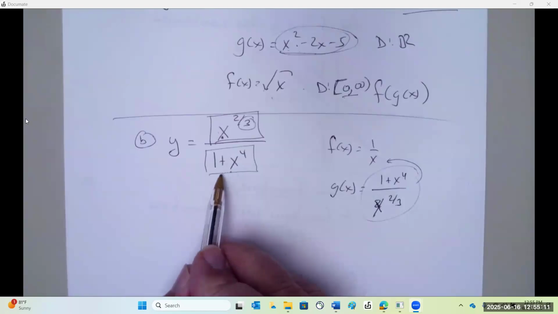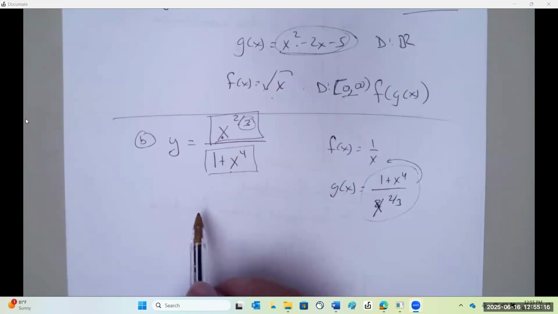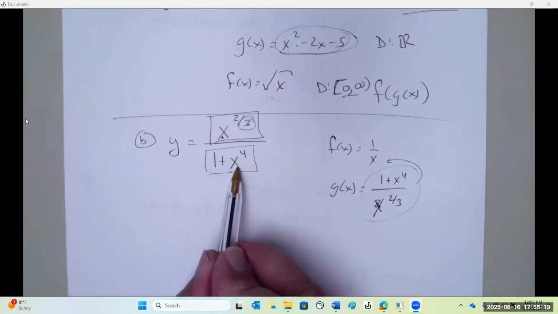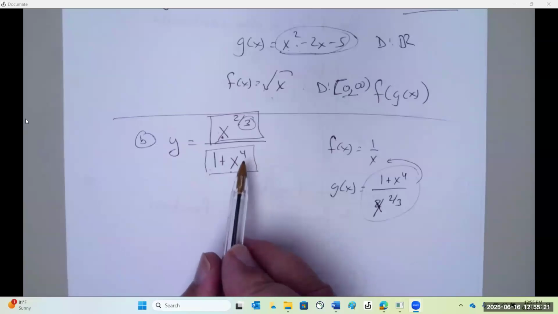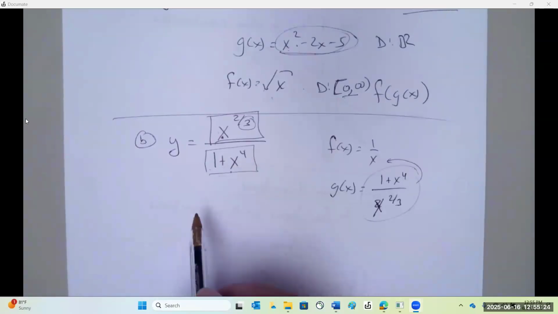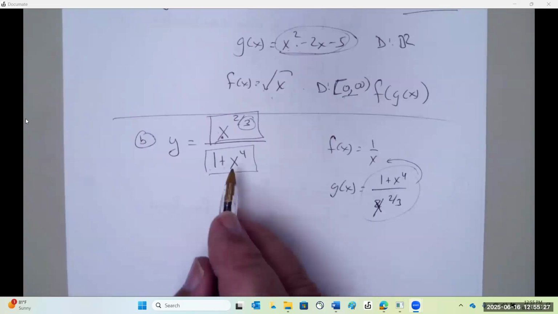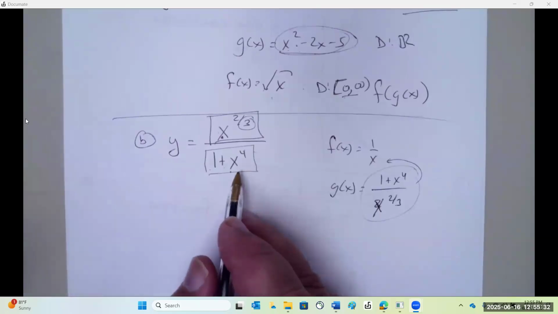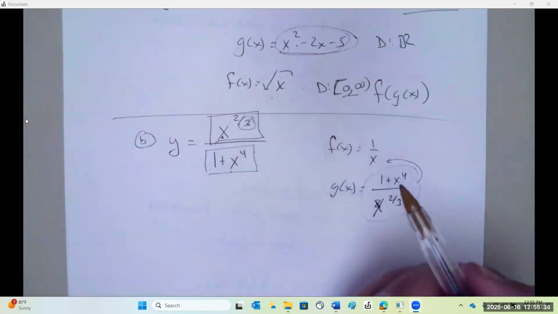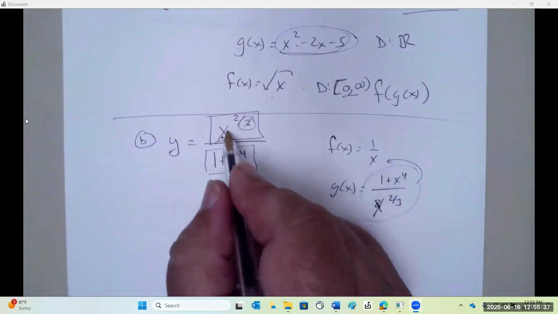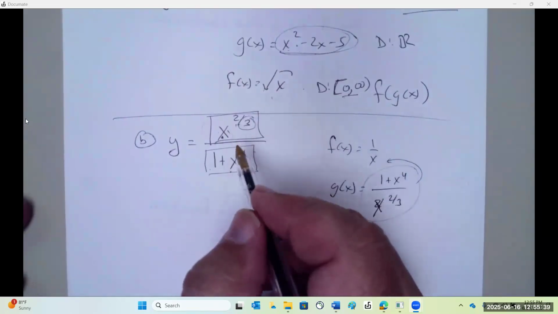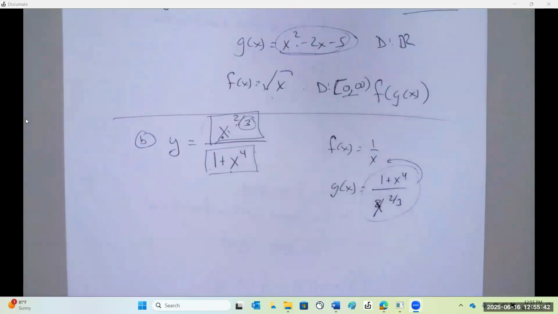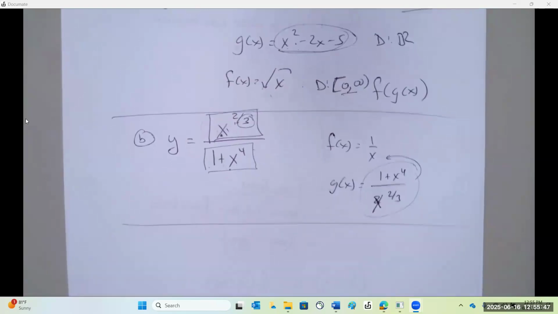Can this ever be 0? No, because it's an always positive function. 1 plus a positive number is never going to be 0. The only way it could be 0 is if they're negatives of each other. So this one's always positive, and it can never be 0. This one's continuous on all real numbers. Can the numerator be 0? Yes, but it doesn't matter if it's on top. So that means the entire function is continuous on all real numbers.